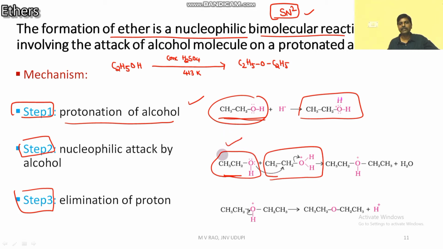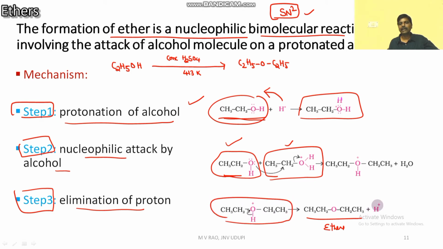So the final product is ether. The remaining mechanism is the same as in alkene formation. Step 1, protonation of alcohol. Second, nucleophilic attack by alcohol on this intermediate. Third, deprotonation. From this intermediate, you remove this proton, and you will get ether. So it is an SN2 mechanism.